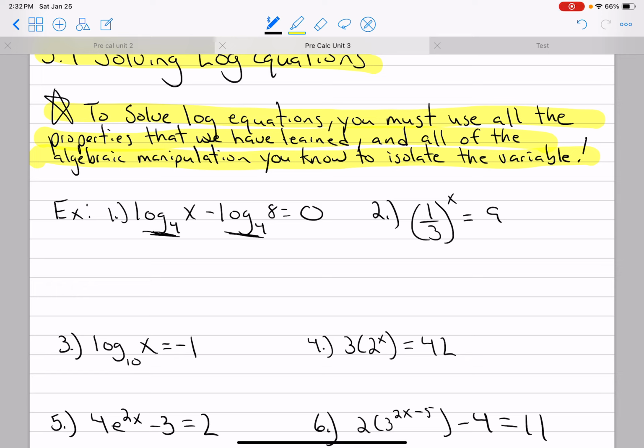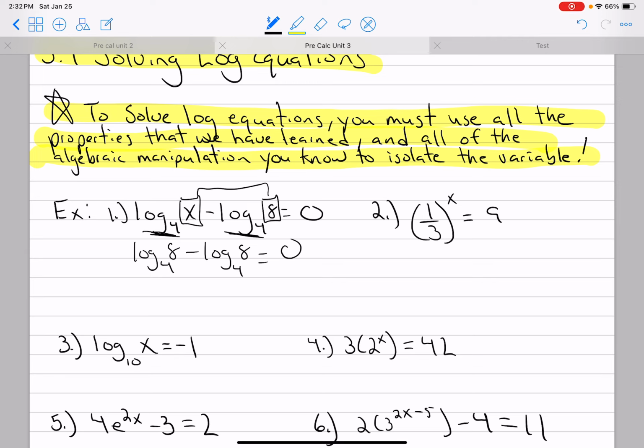These two things have the same base. You subtract them from each other and they equal 0. That means that this and this have to be the same, because it makes sense that log base 4 of 8 minus log base 4 of 8 would have to equal 0, since it's the same thing minus itself.